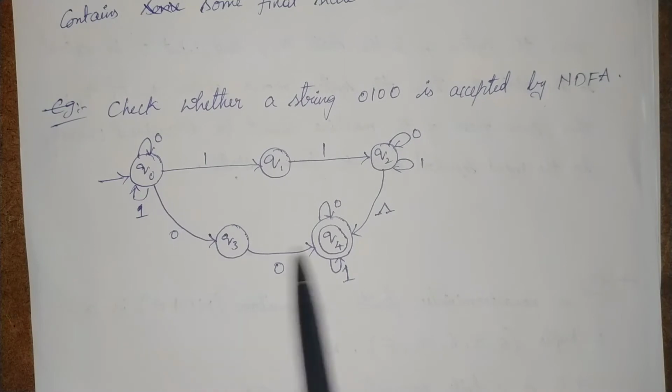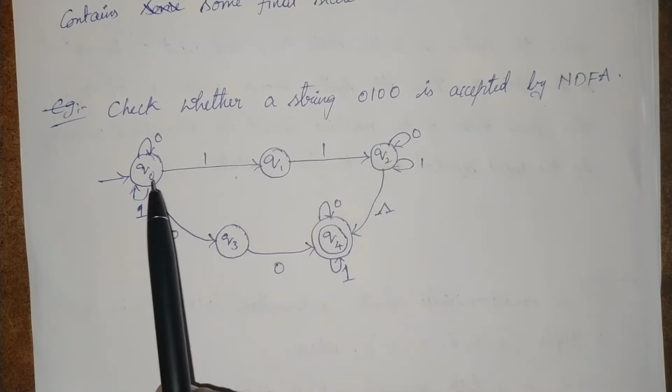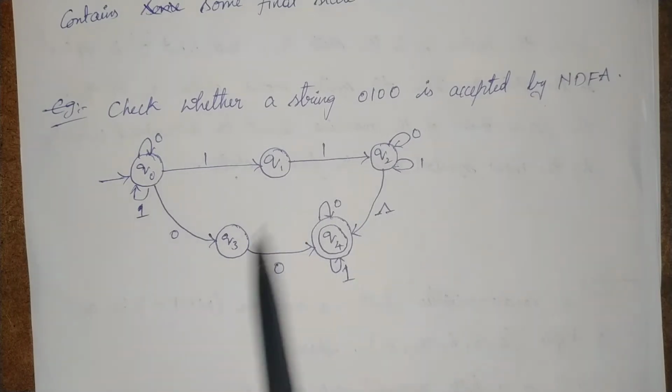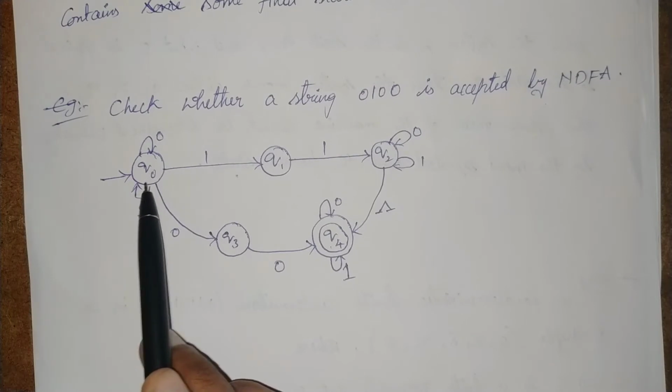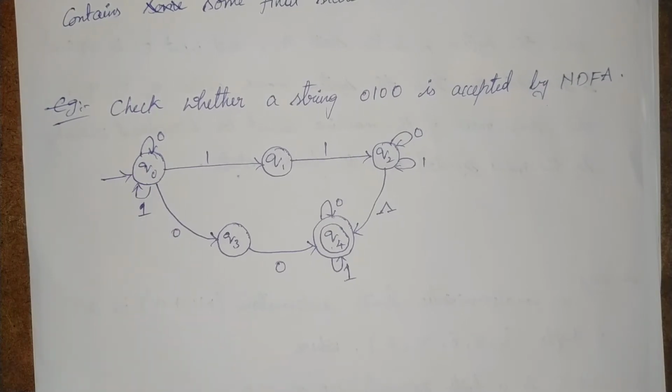So here is the transition diagram, and here the states are Q0, Q1, Q2, Q3, Q4, and the initial state is Q0, which is the circle along with the arrow mark, and the final state is Q4.